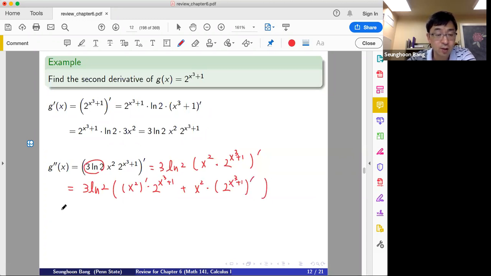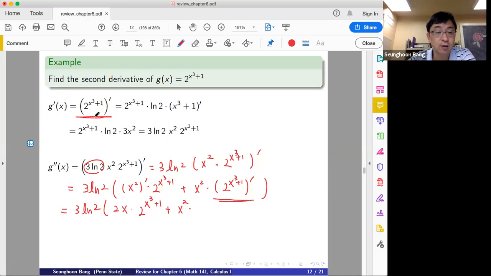So like this. You can keep 3 times ln of 2. The x squared prime is 2x times 2 to the x cubed plus 1, plus x squared times, what's (2 to the x cubed plus 1) prime?